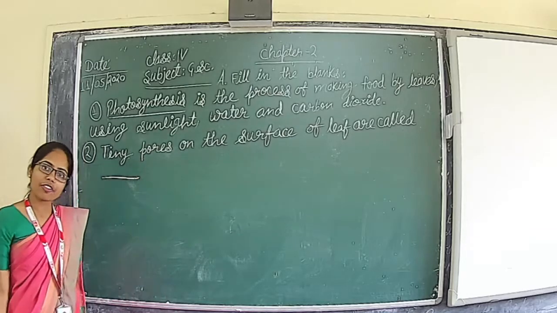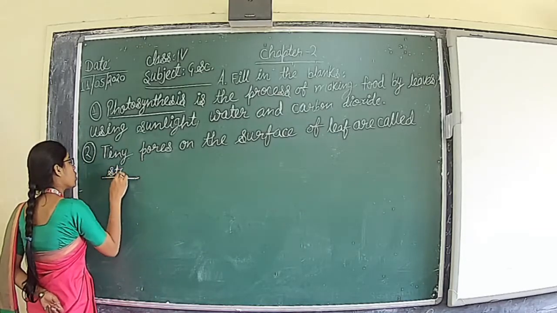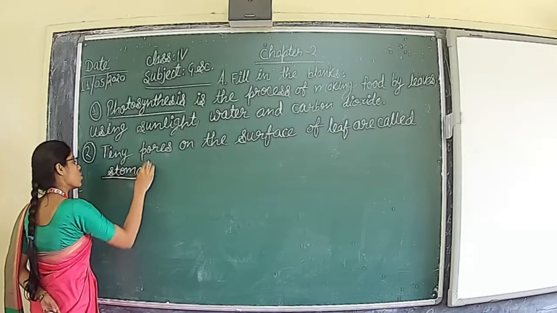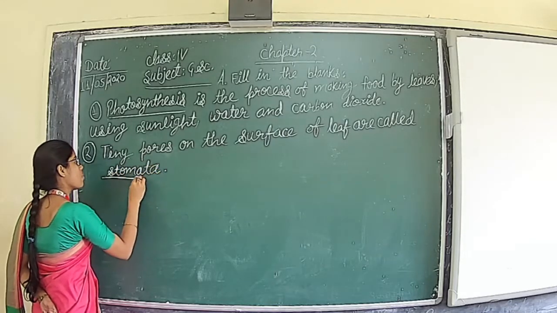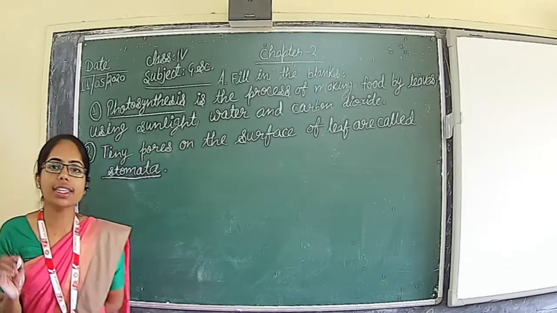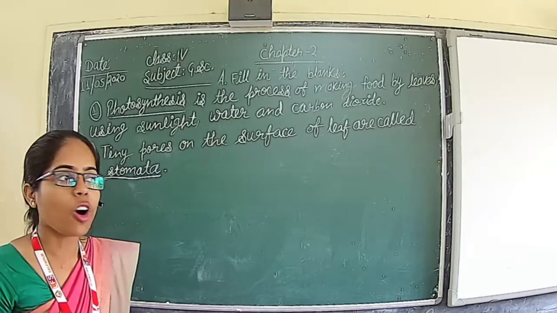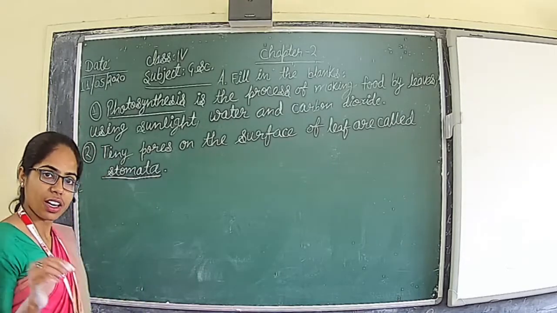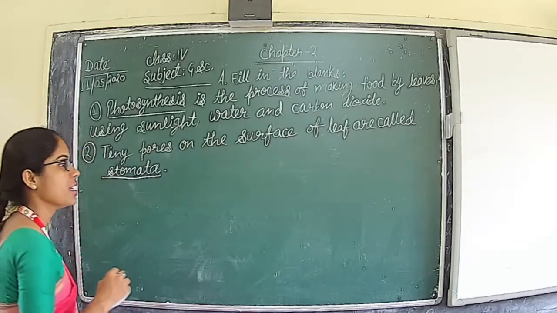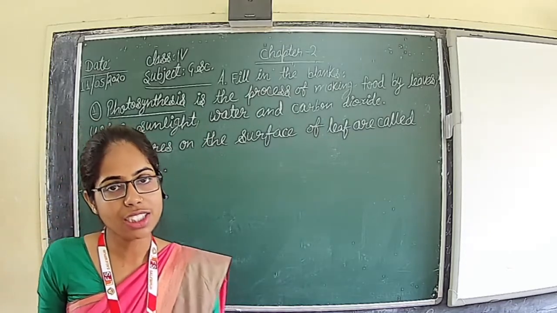What are they called? We have studied in the chapter. They are called stomata. So what is the correct answer? Stomata. Please write it. Tiny pores on the surface of leaves are called stomata. I hope all of you have written it in the book or in the notebook.